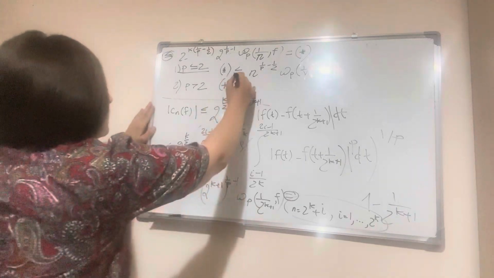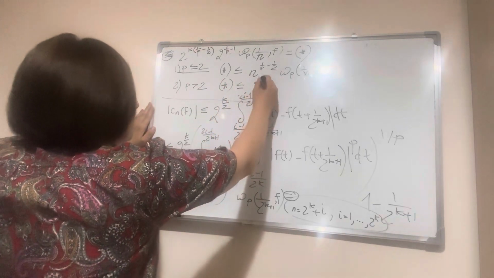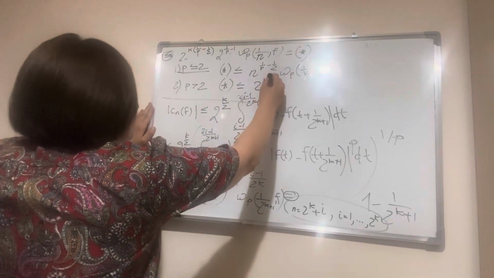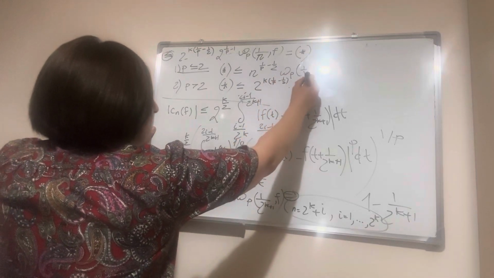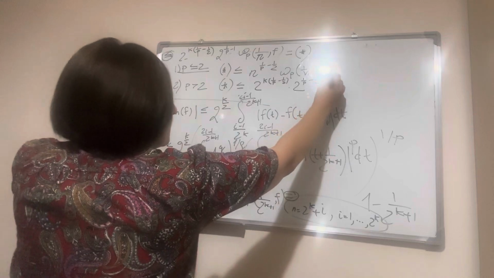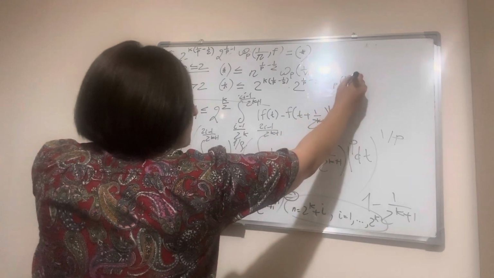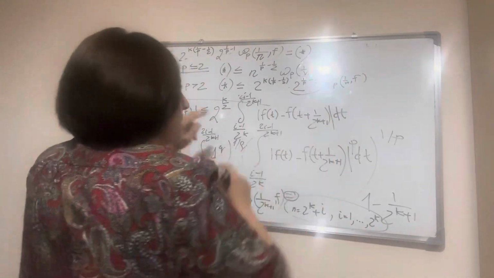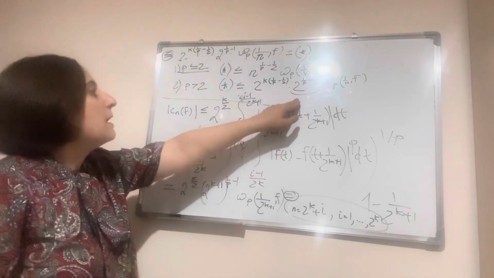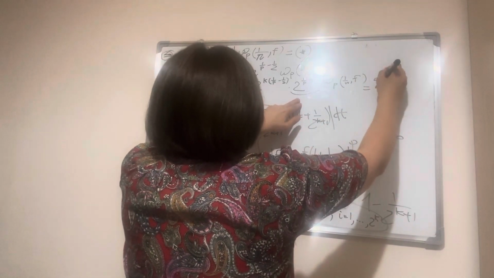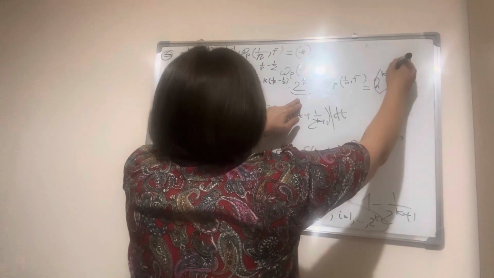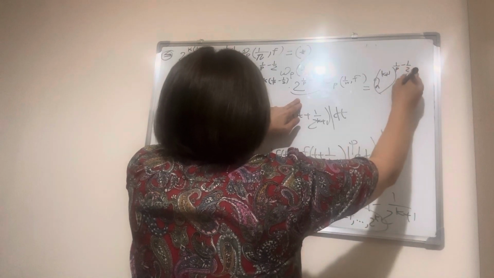Let's have that fact here. And then this means we have 2^(k+1) raised to 1 over p minus 1 over 2, and then omega p.